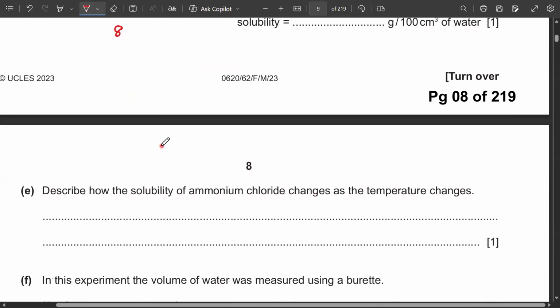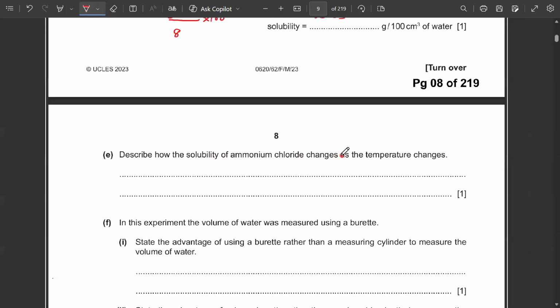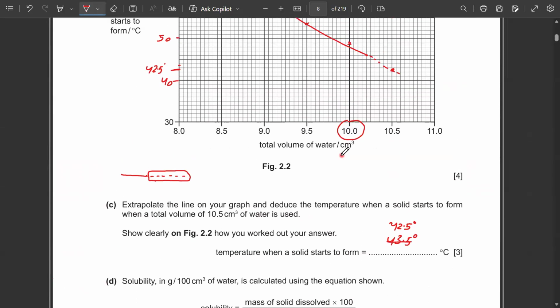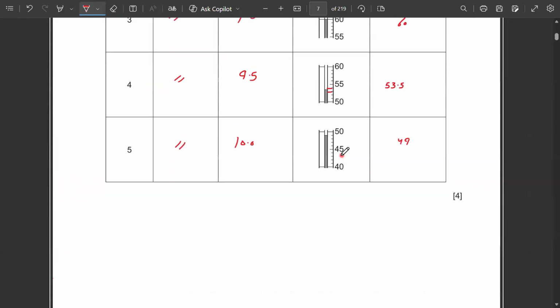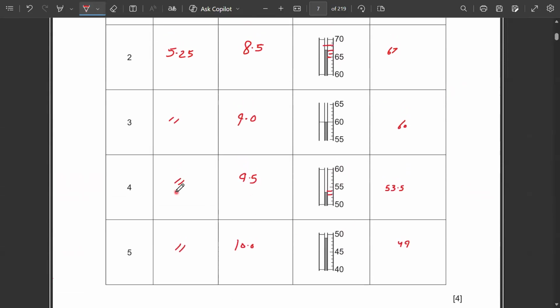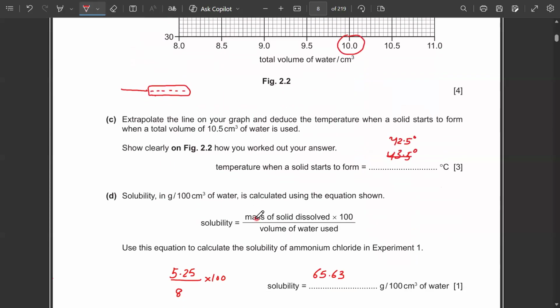Then E part, describe how the solubility of ammonium chloride changes as the temperature changes. So what we learned from the table is that as you are adding more and more amount of water, the temperature is dropping. The mass is constant, temperature is dropping, and you are increasing the volume of the distilled water.